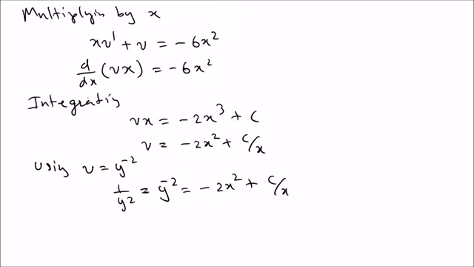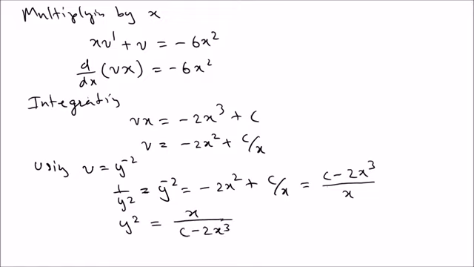So what you want to do now is flip it over, but before you flip, you have to get the common denominator here. So you multiply by x, so you can write this as c minus 2x cubed. Now you flip it over, so y squared is x over c minus 2x cubed.